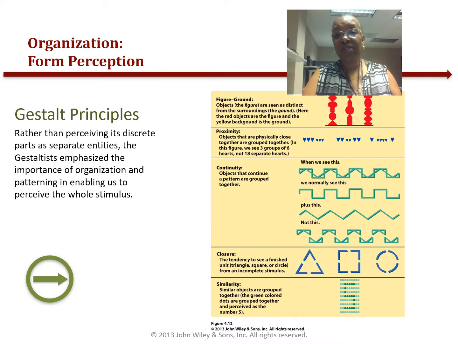Gestaltists proposed several different laws of organization that specify how people might perceive forms. The most fundamental Gestalt principle is our tendency to distinguish between the figure, which is the main focus of attention, and the ground, which is the background or our surroundings.